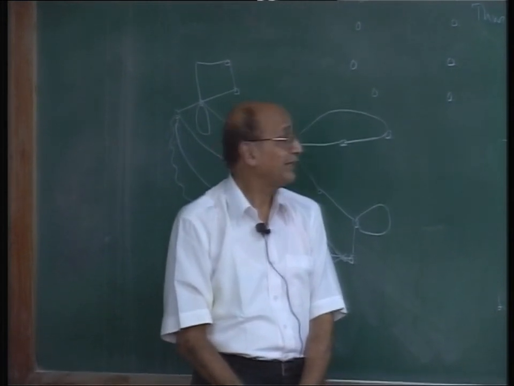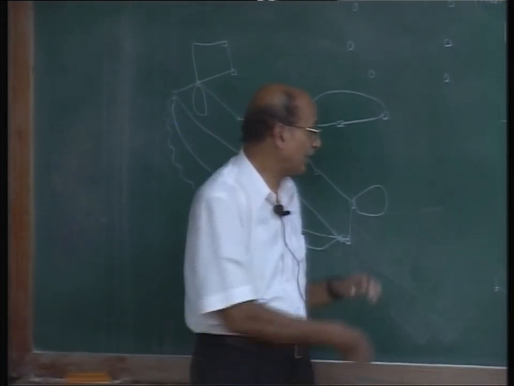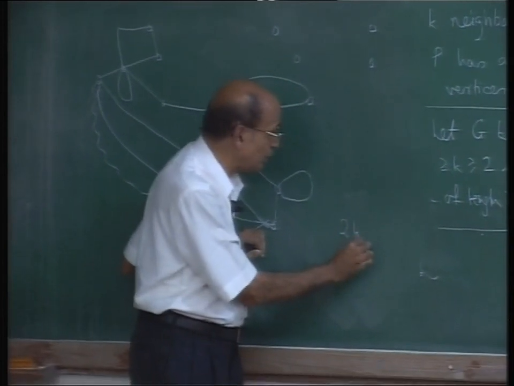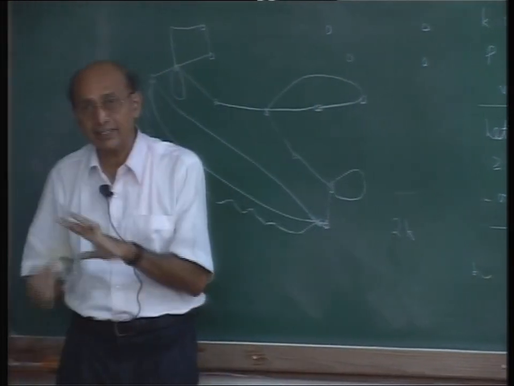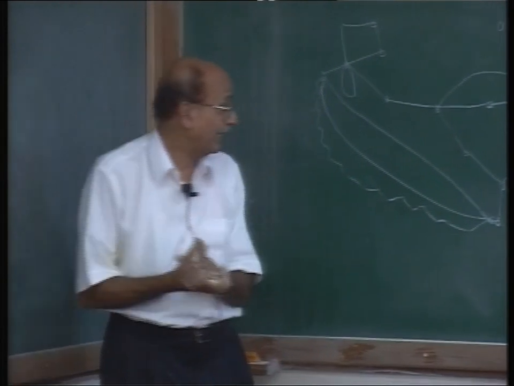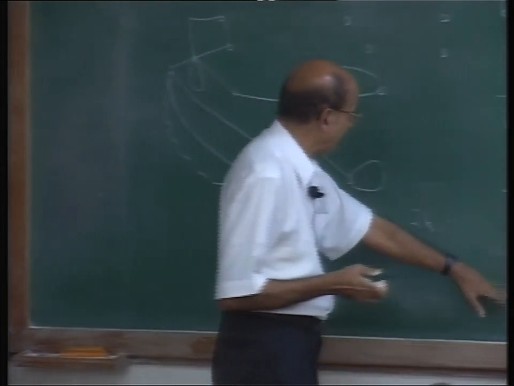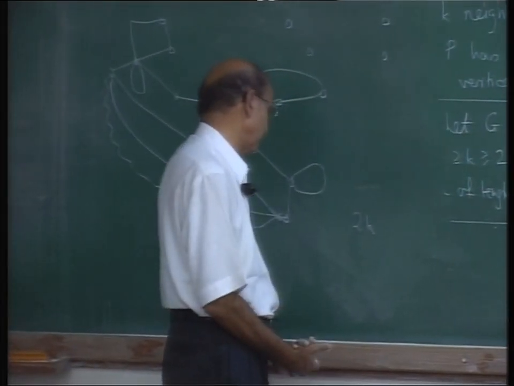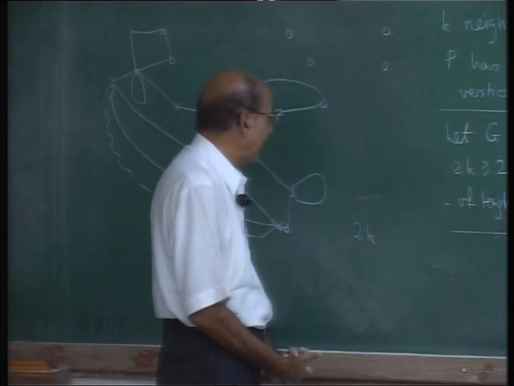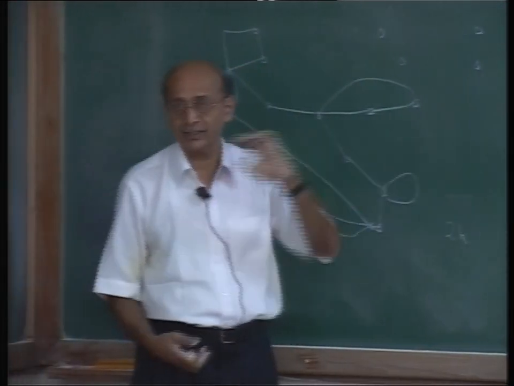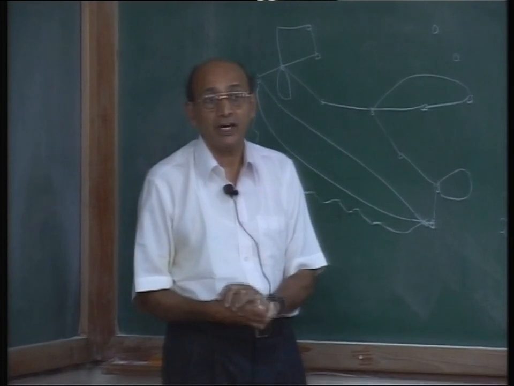So for a graph in which there are as many as 2k vertices of odd degree, the edge set you can write as a union of k open trails.